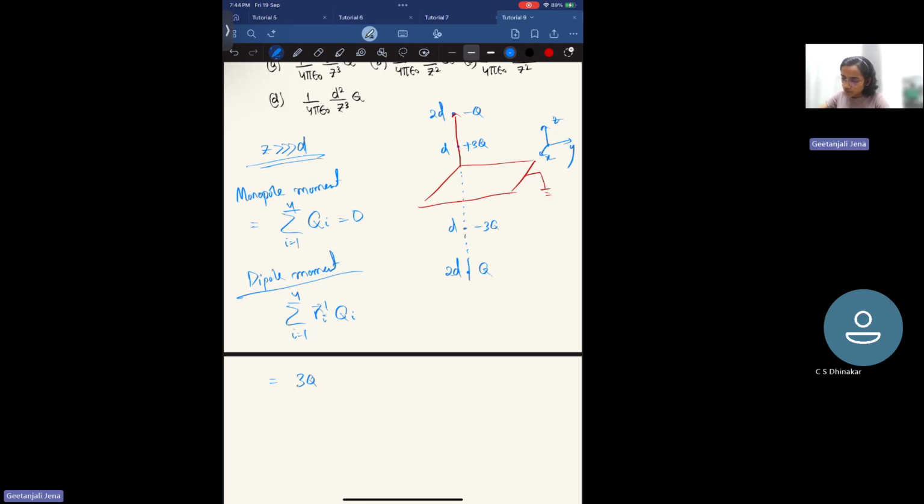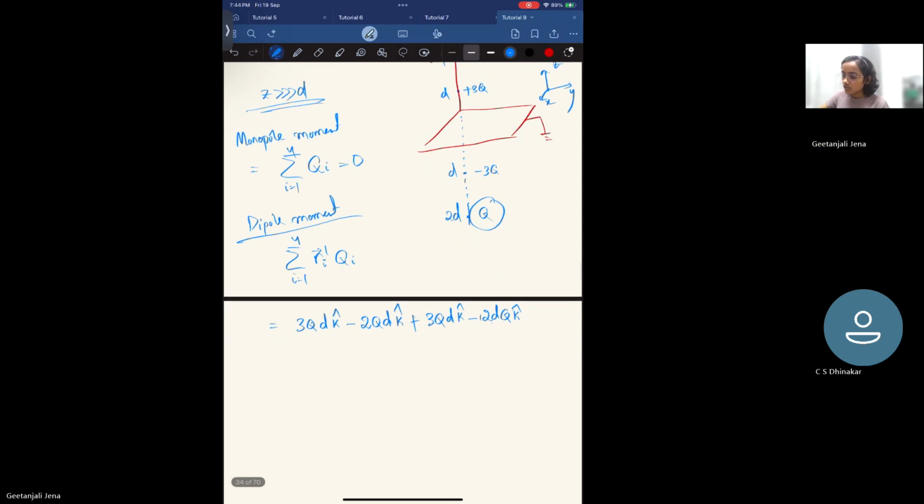For 3q, the distance is d k-hat. For minus q, it is minus 2qd k-hat, which is plus... for minus 3q, it is minus 3qd k-hat... and for the image of q, it is plus... overall, this is 2qd k-hat. So the dipole term is not 0.